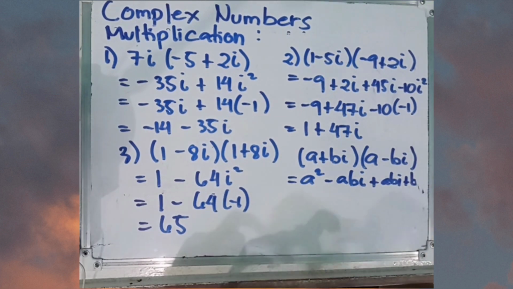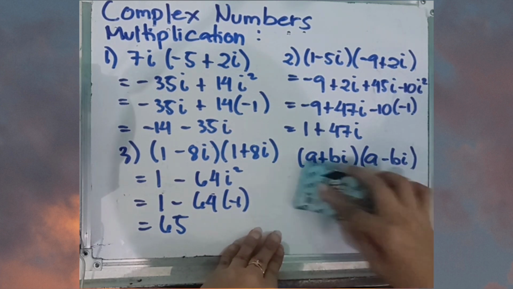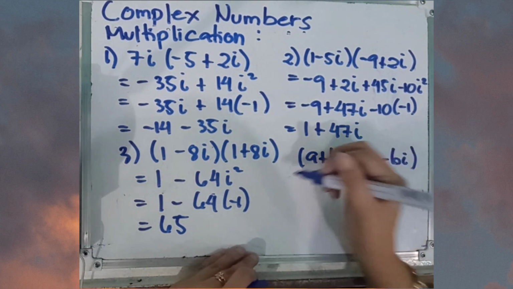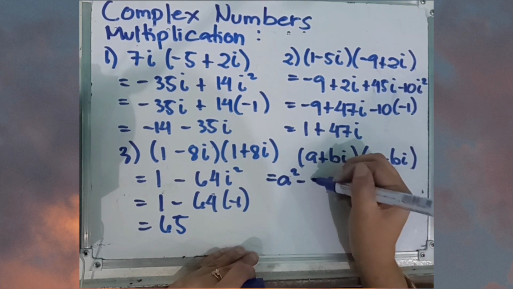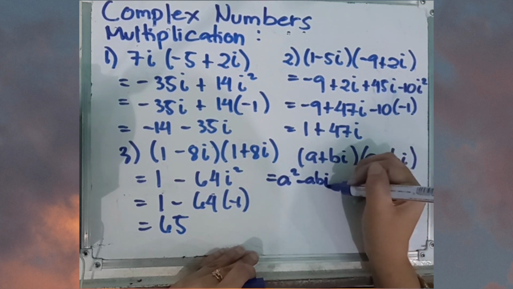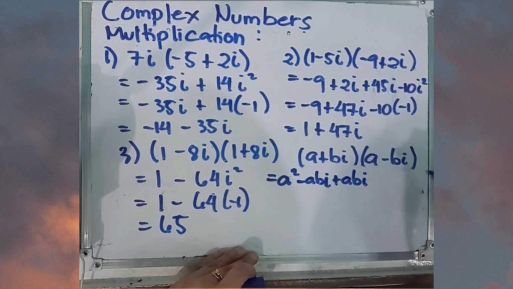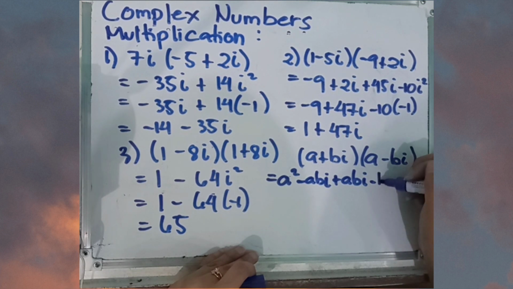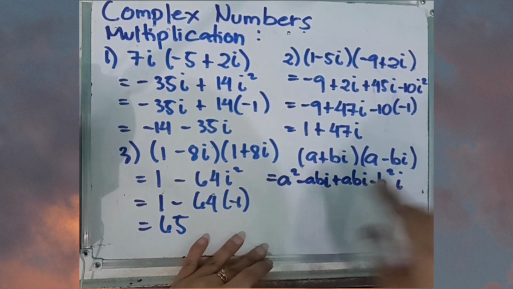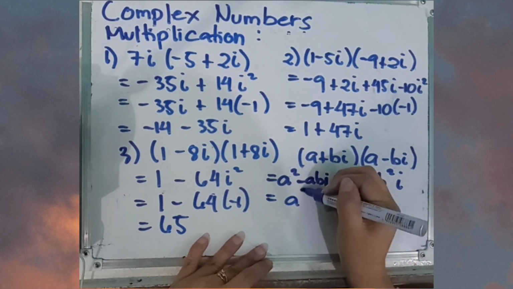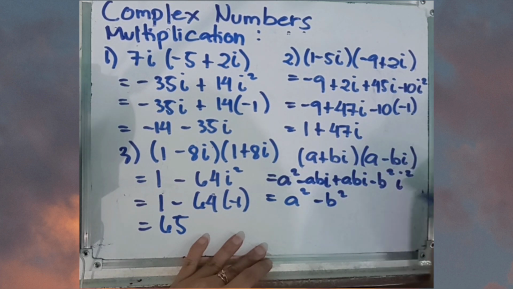So again, that's a squared, outer, abi, inner, positive abi. Then for the last, that's negative b squared, i squared. So this one will become 0. We will be left with a squared minus b squared i squared.